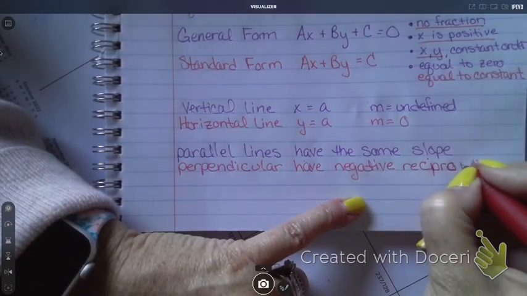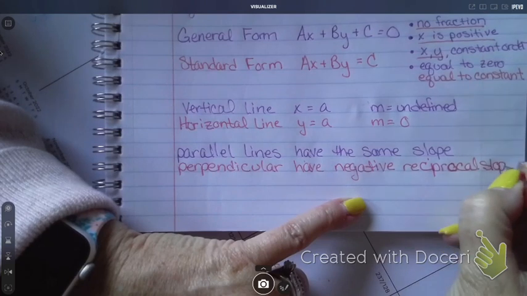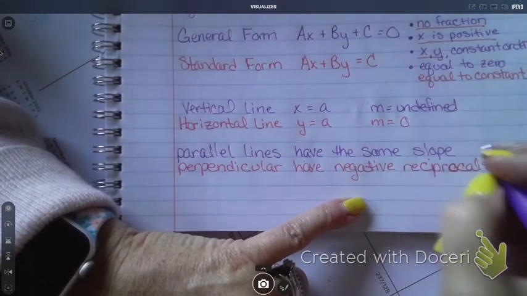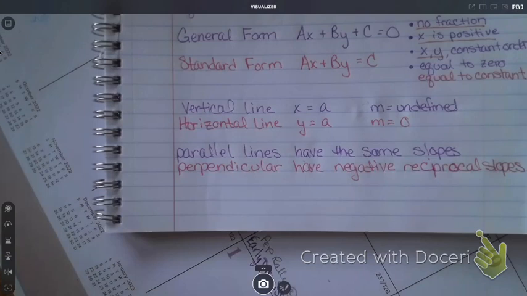So if I give you a line and say perpendicular, you look at the slope, you take the negative reciprocal, and everything else is the same.